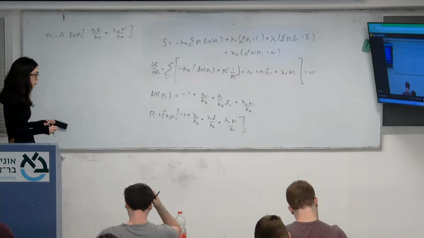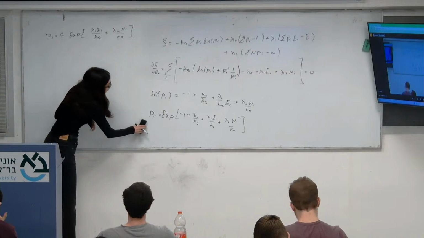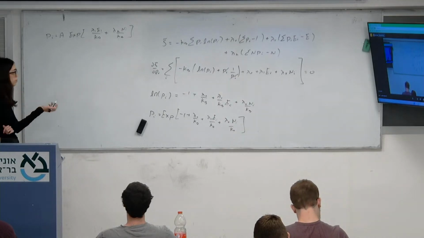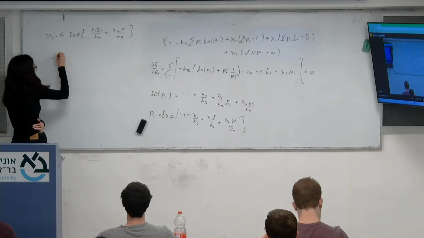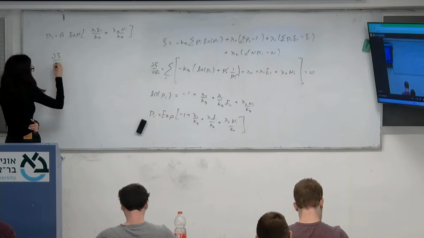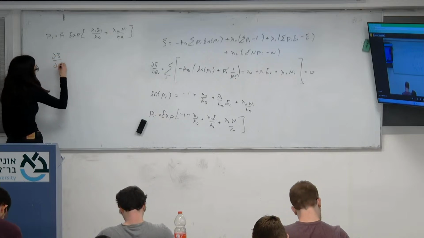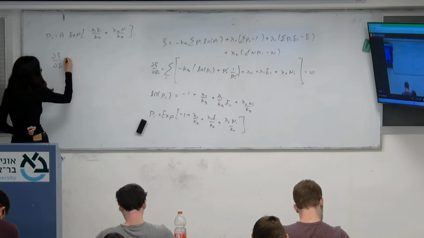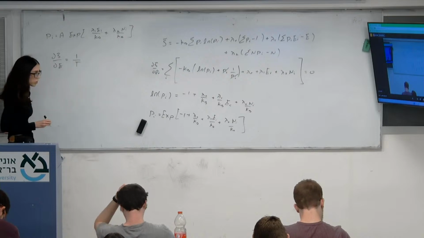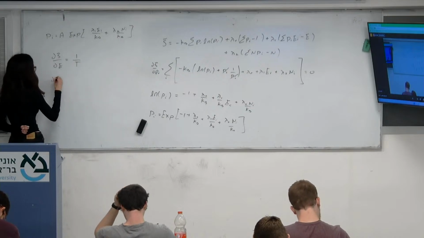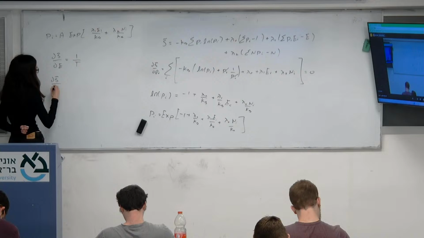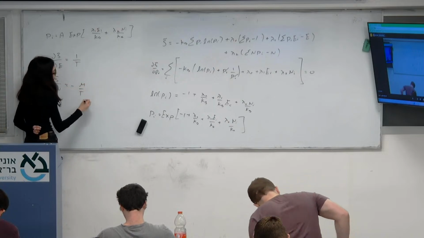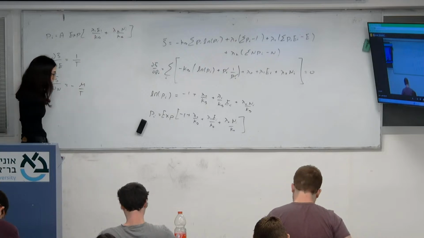We're going to add two, not constraints, but we're going to use two known thermodynamic relations. The derivative of S with energy is equal to 1 over the temperature, and the derivative of S with N is equal to minus mu over the temperature.